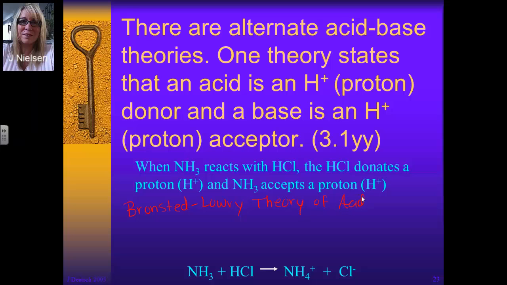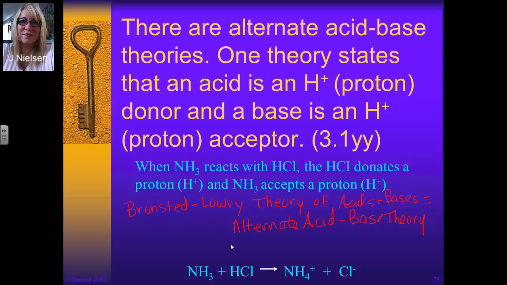In the last couple of years, they have referred to this as the alternate acid-base theory. So when they're talking about Arrhenius theory of acids and bases, you will know it because they will use the word Arrhenius. They may or may not use the Bronsted-Lowry theory of acid and bases.